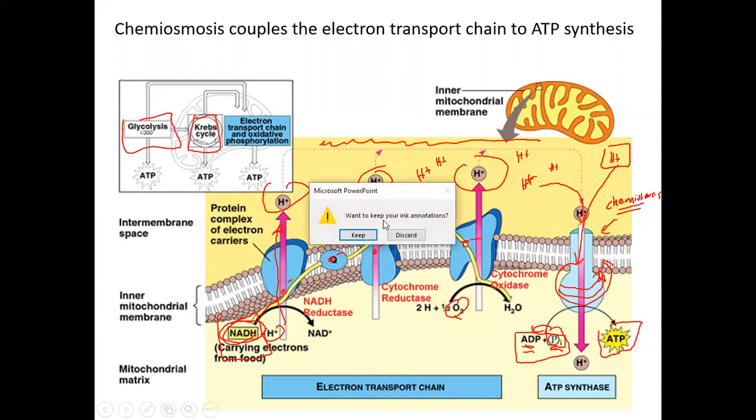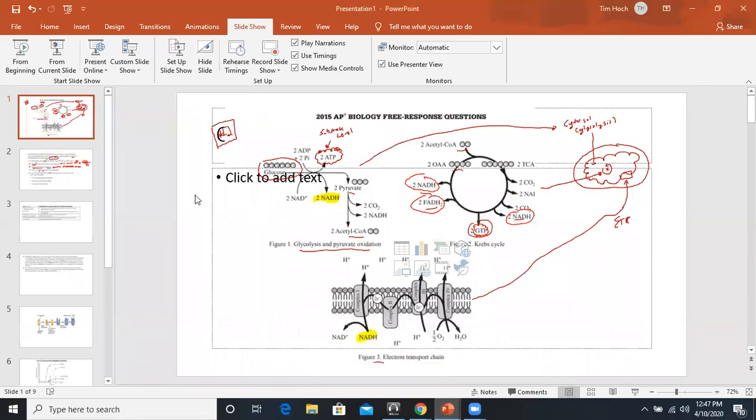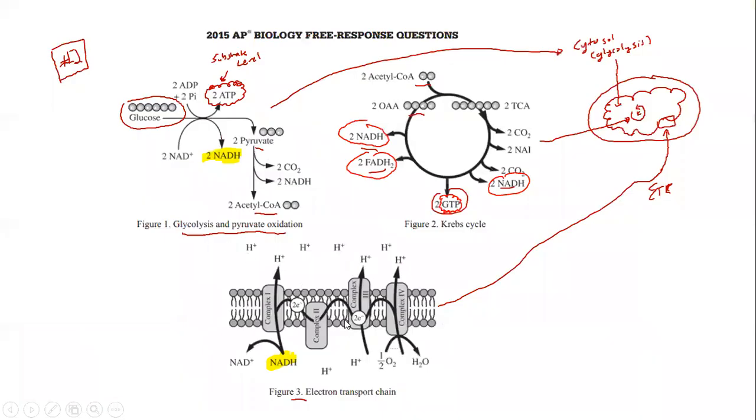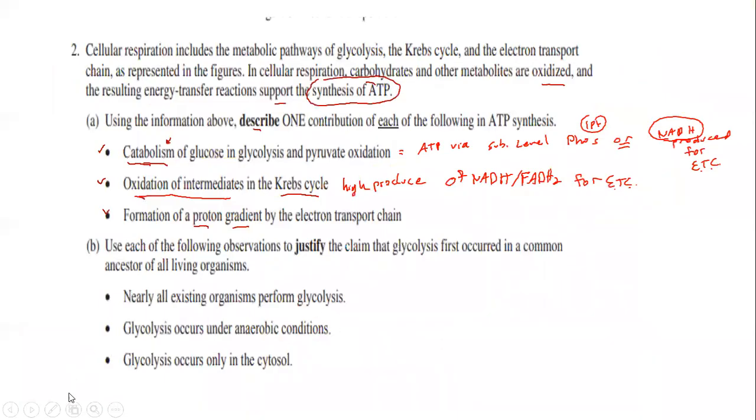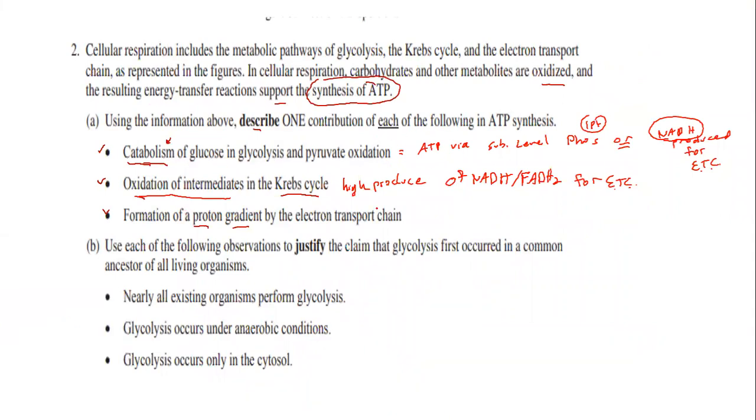So let's get back to the FRQ. In this FRQ, what we needed to explain was the formation of the proton gradient. How does that contribute to ATP synthesis?